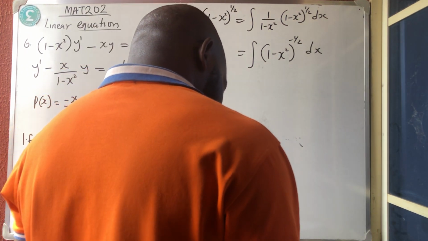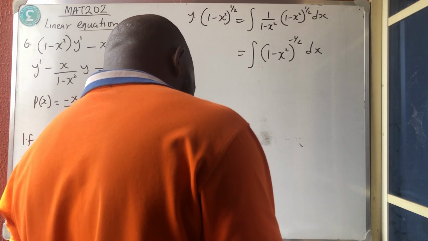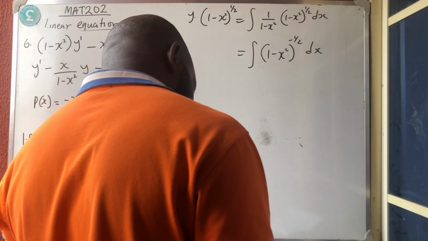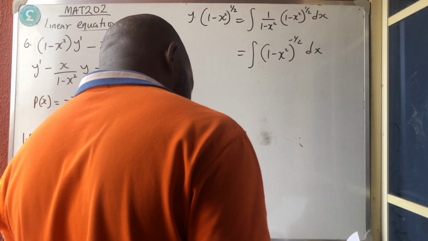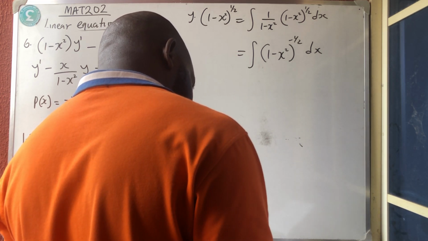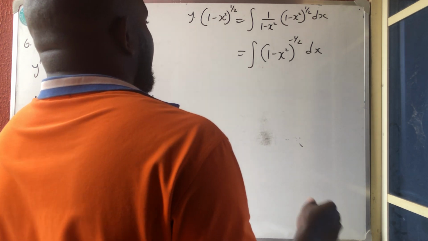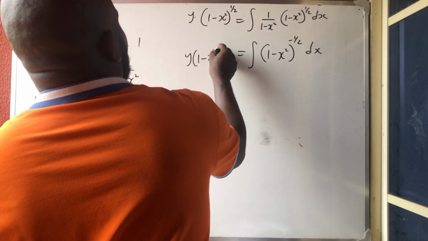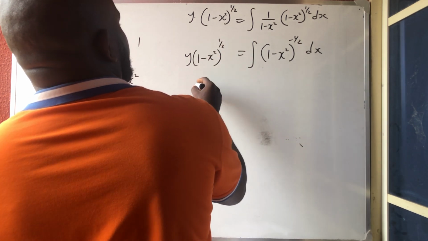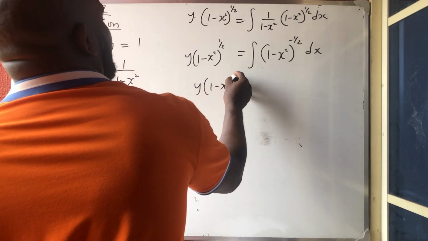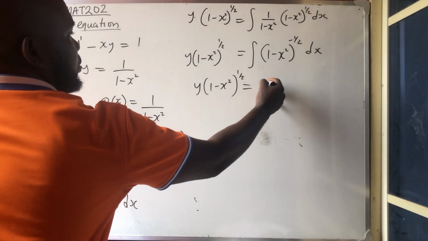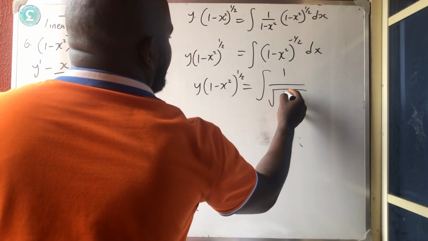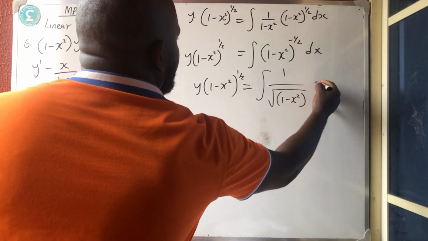So let's check if there's any mistake somewhere. So y (1 minus x squared) all raised to power 1 over 2 is equal to the integral of 1 over the square root of 1 minus x squared dx.